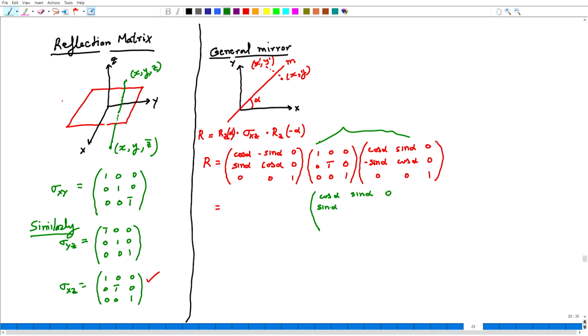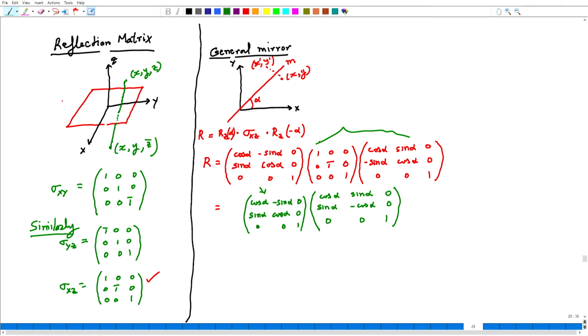Second row into the second column would give me minus cos alpha, and then 0, and the third row will obviously be 0, 0, 1. Now, I just copy this matrix out here. I will get cos alpha, minus sin alpha, 0, sin alpha, cos alpha, 0, 0, 0, 1.